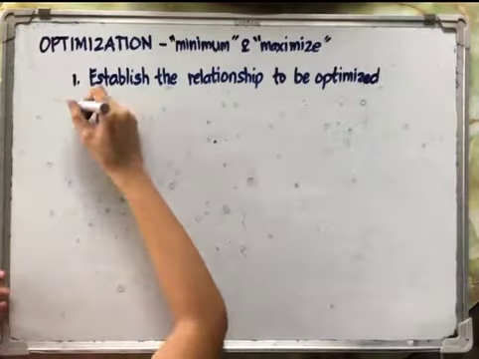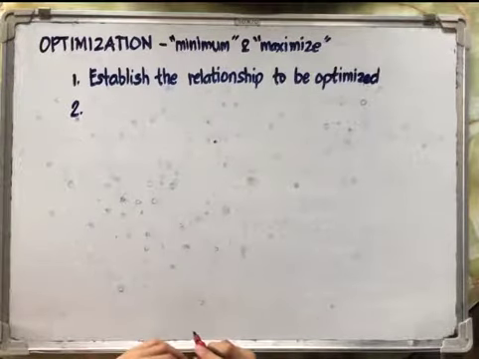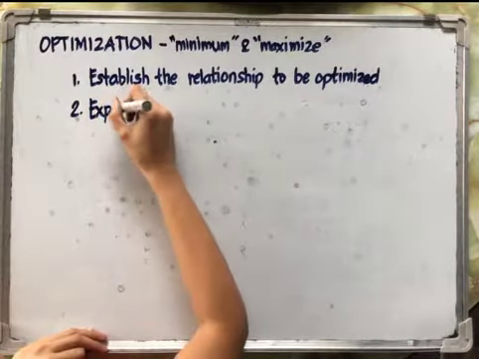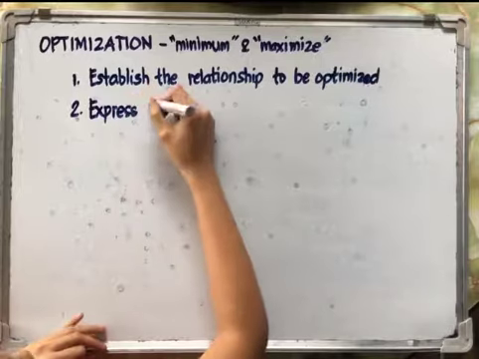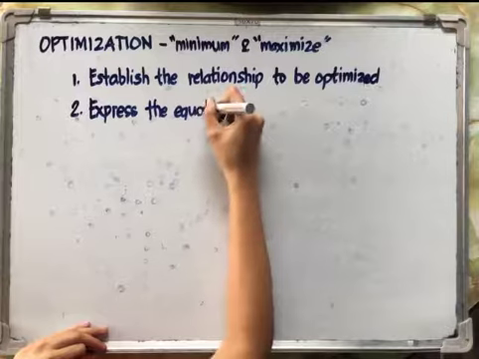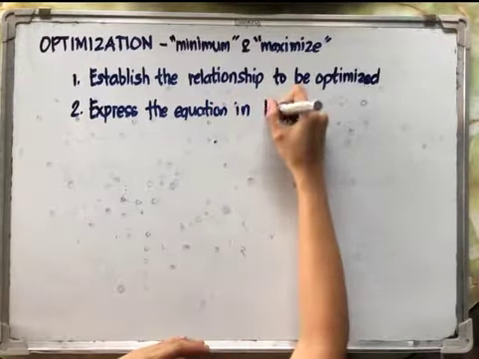Okay? Then, number 2 na gagawin mo is to have all the variables expressed in just a single variable. Express the equation in one variable para mas mabilis.